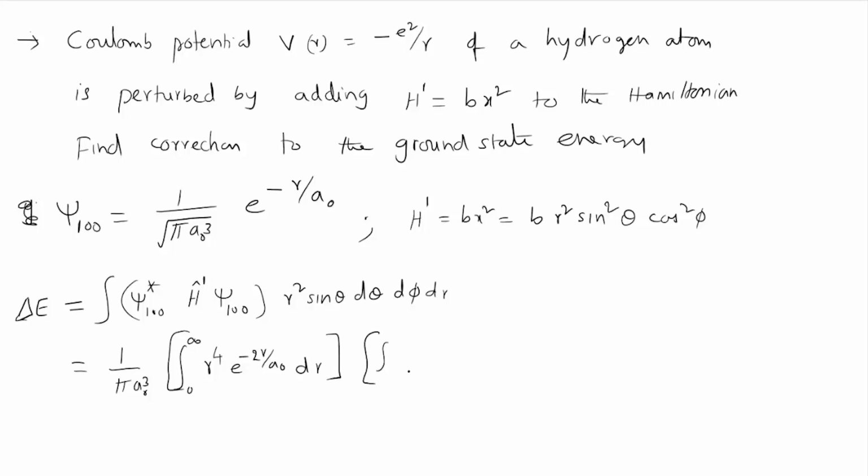Next one is 0 to pi. How many sines are there? Sine cube theta d theta, and 0 to 2 pi cos square phi d phi. See, unless you do 1, 2, 3, 4 integrals, you won't be able to finish the calculation.